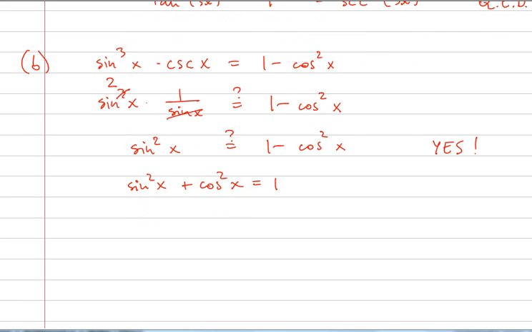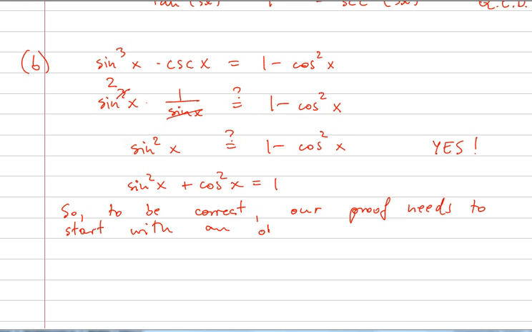In truth, I should be going back and working from the truth. So to be absolutely correct, our proof needs to start with an obvious truth. So we start with sine squared plus cos squared equals 1, and we work backwards.